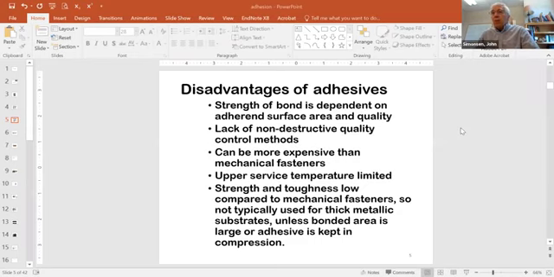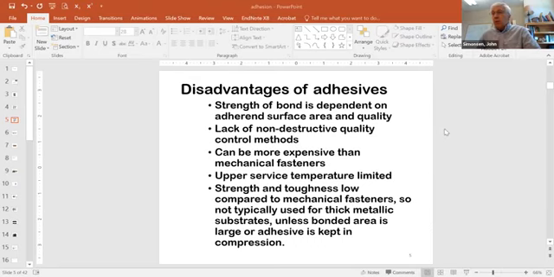And another important limitation of adhesives, not so much for us, but for adhesives in general, is because they're organic compounds for the most part, their upper surface temperature is limited. For most adhesives, the upper surface temperature is somewhere around 200 degrees C, and that just happens to be the upper temperature we want to use with wood.